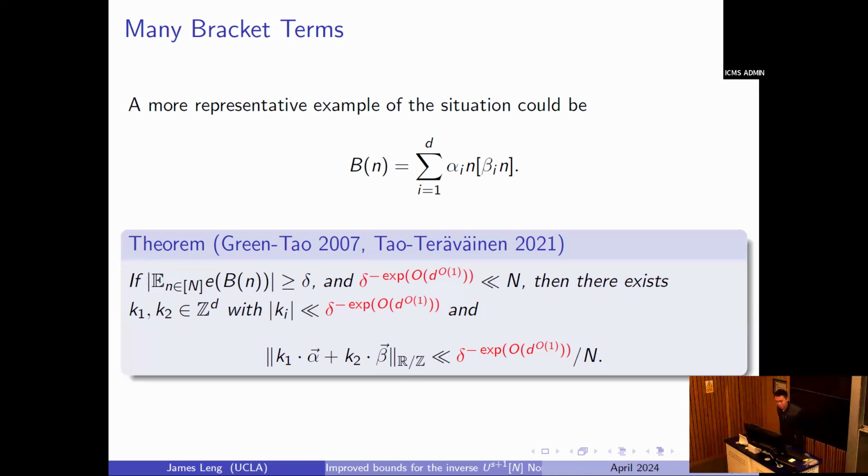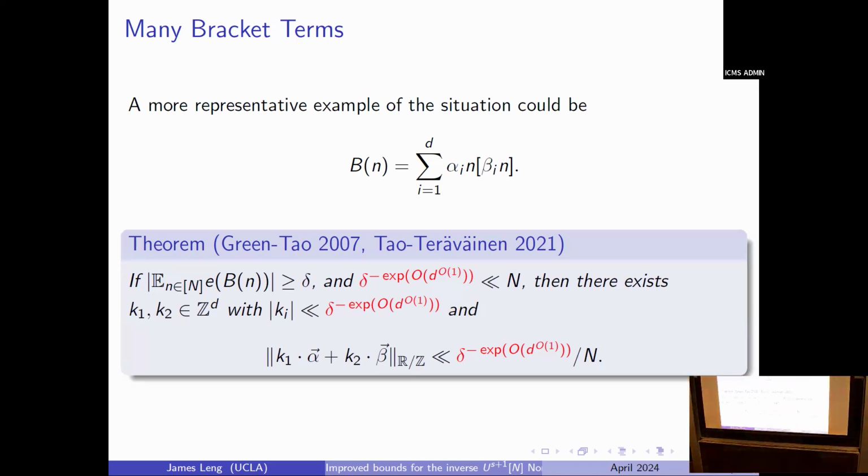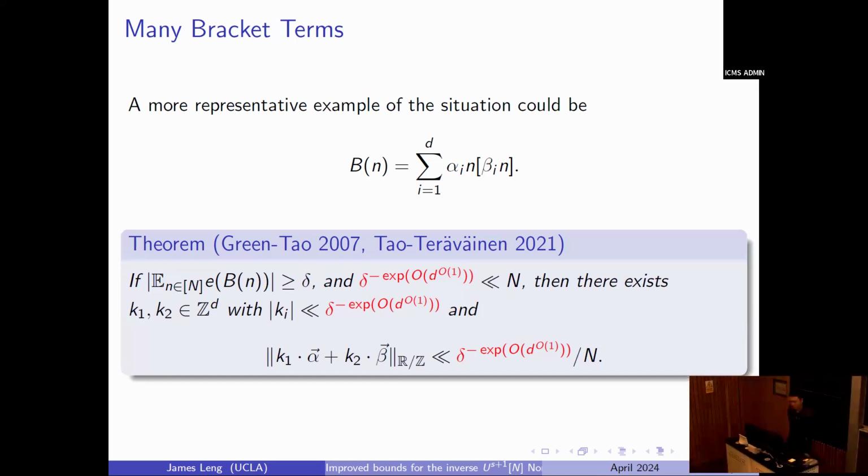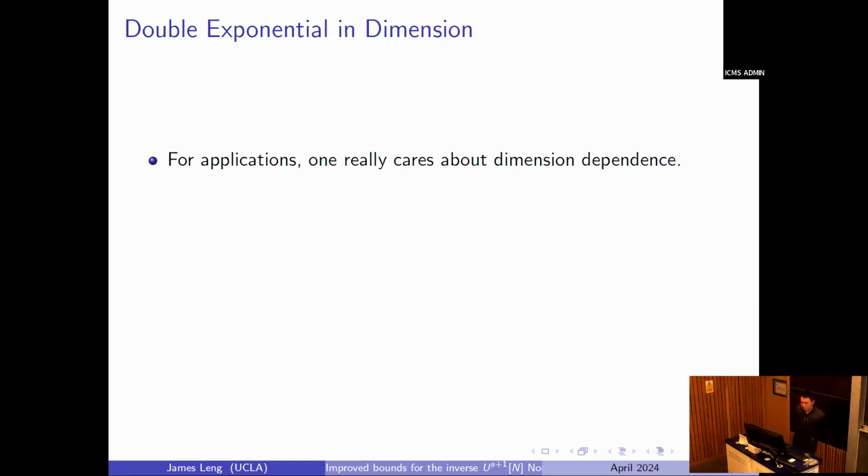Then if I quantified the result in terms of d, I would get a bunch of double exponential parameters in d. And maybe the question is, can we do a bit better than that? Because for applications, one really cares about the dimension dependence.